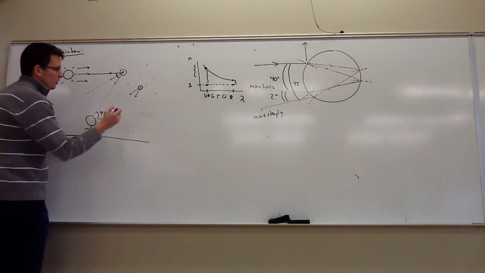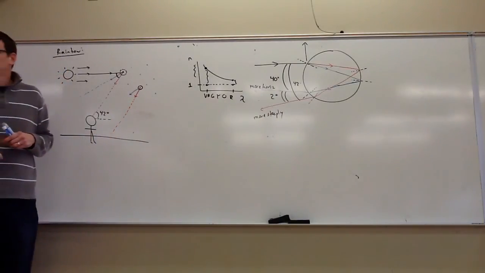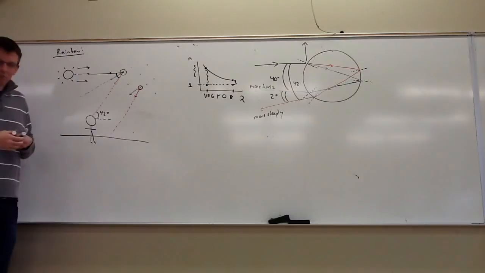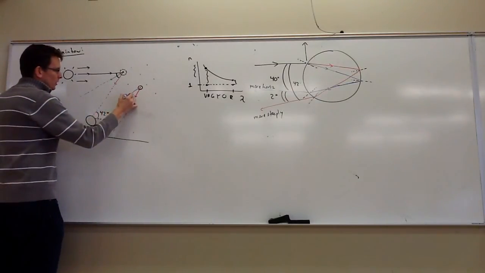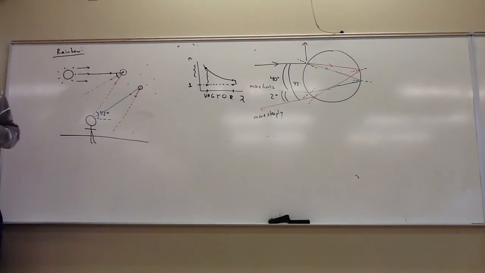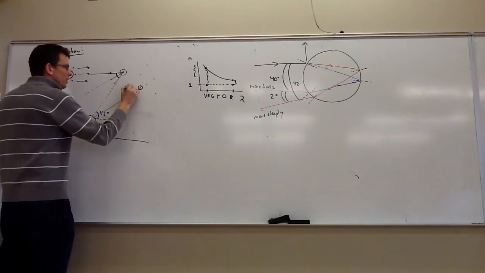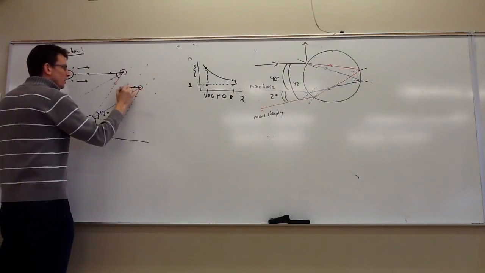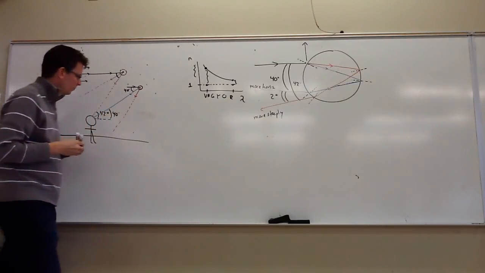So in this one, you don't get the red, because the red hits the ground below your feet, but the violet is what you do get. And remember that since this angle right here is 40 degrees, you'll see that at 40 degrees.